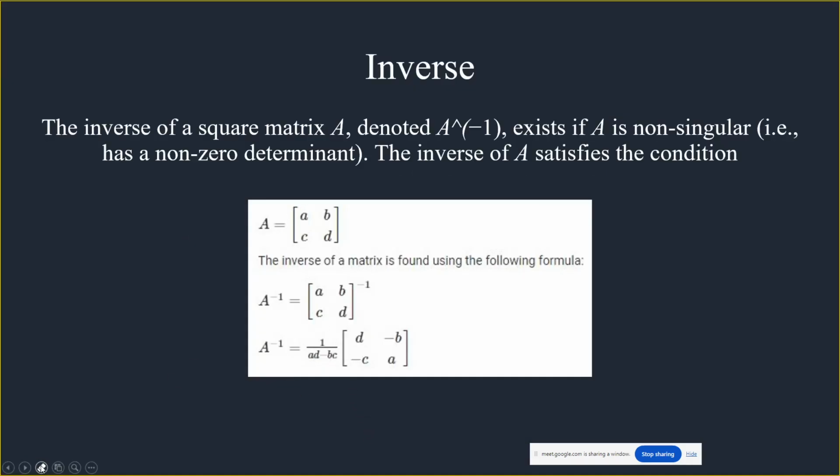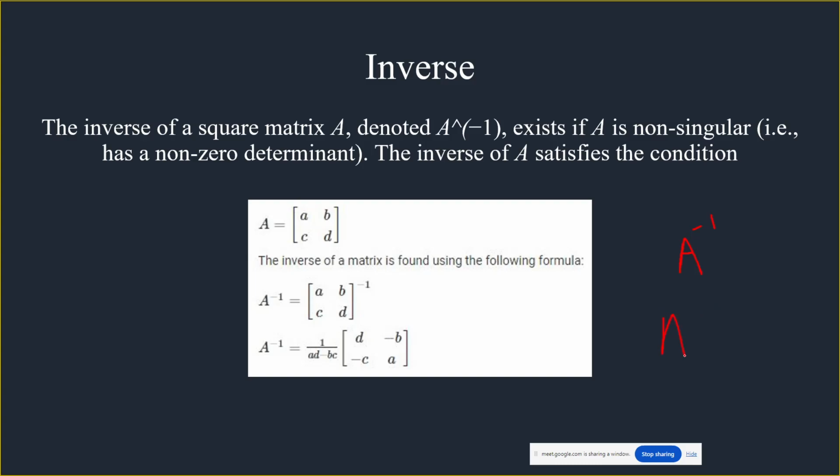In this slide we can see what an inverse matrix is. If we look at the definition, the inverse of a square matrix A, denoted as A superscript -1, exists if A is non-singular, that is, if it has a non-zero determinant. In the previous slide, we looked at how we can find the determinant.